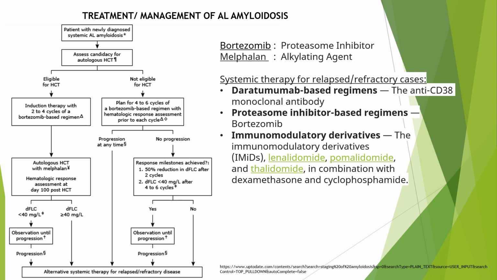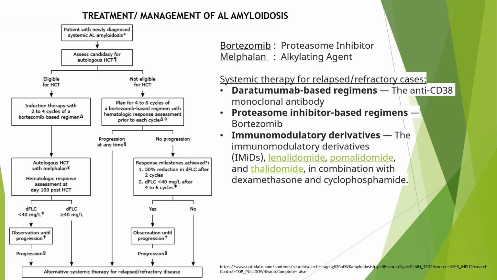If it's less than 40, we'll observe the patient until further progression takes place. If it's more than 40, then we'll be going towards an alternative systemic therapy for relapsed or refractory disease. I'll be discussing the systemic therapy that we're using for relapsed and refractory cases of AL amyloidosis later.